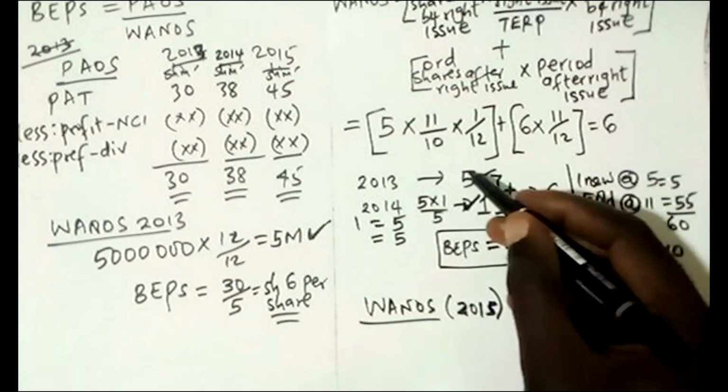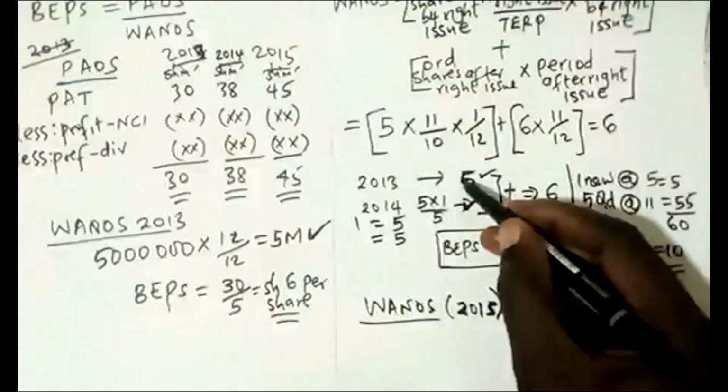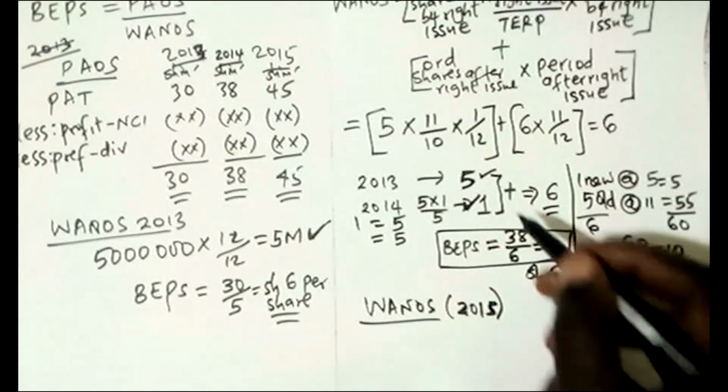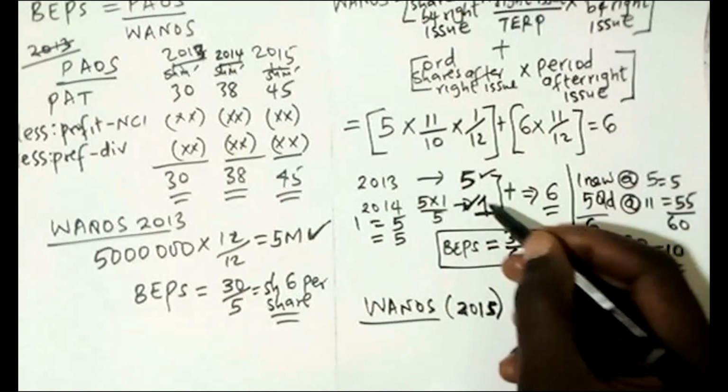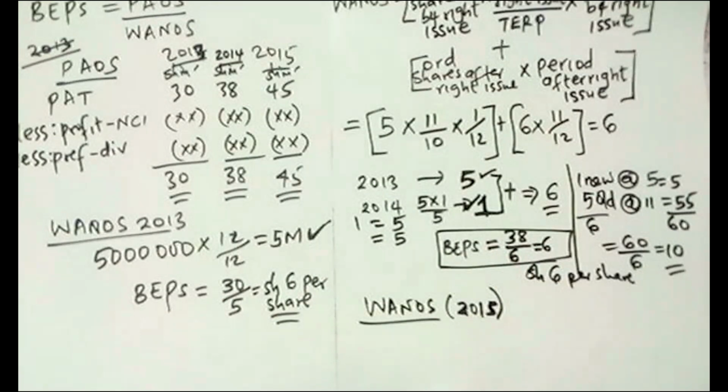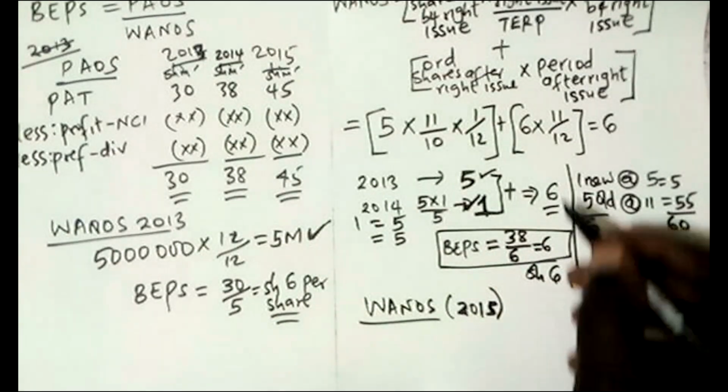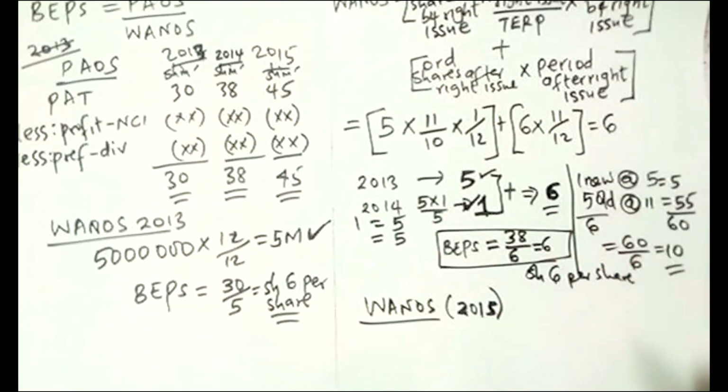So that is why we have the 5 of the previous period, that is 2013, plus the 1 which was made in 2014 through the right issue. So by 2015, we have 6 shares.